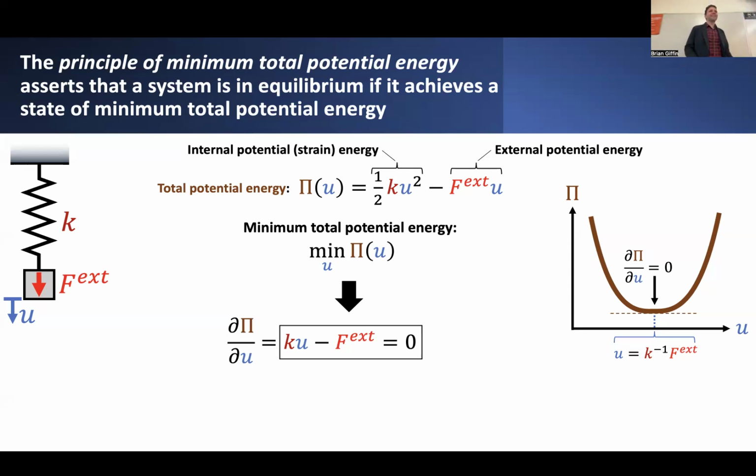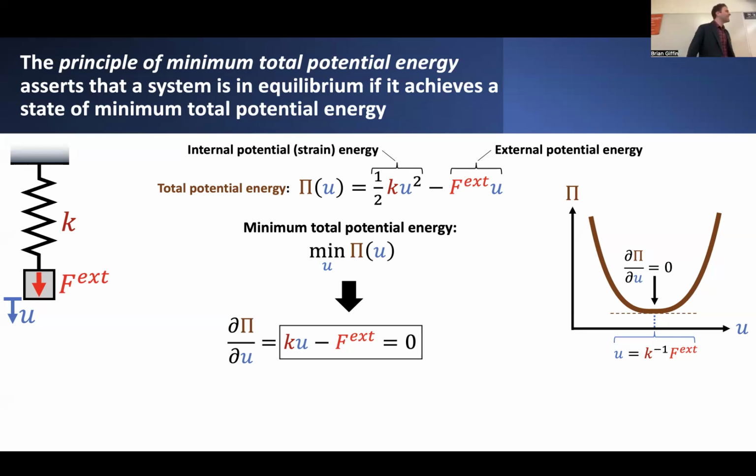If equilibrium occurs when the potential energy function achieves a minimum, then that's equivalent to saying, find the minimum point on this diagram, and in particular, find the displacement at which that minimum point occurs. And that will correspond to our equilibrium condition for this system.